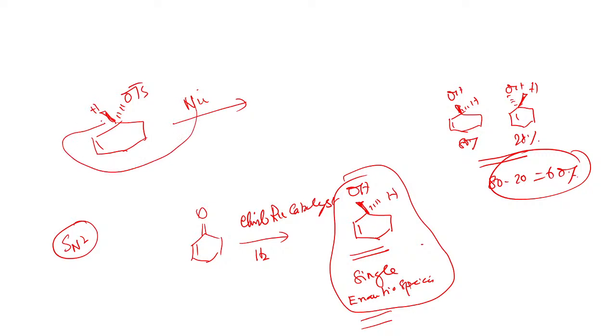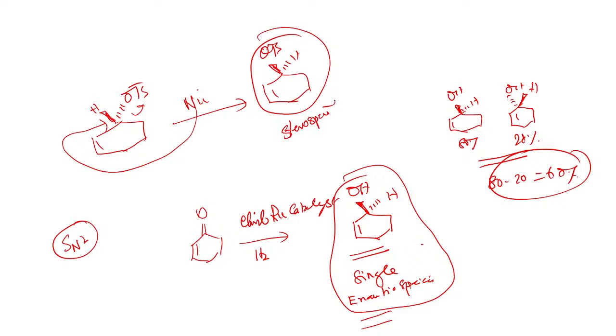If it undergoes SN2, you completely get this compound with inverted configuration. You call this a stereospecific reaction. On the other hand, you may also end up with a mixture of compounds, maybe 90% of this and another 10% of the other enantiomer. You can call it a stereoselective reaction.